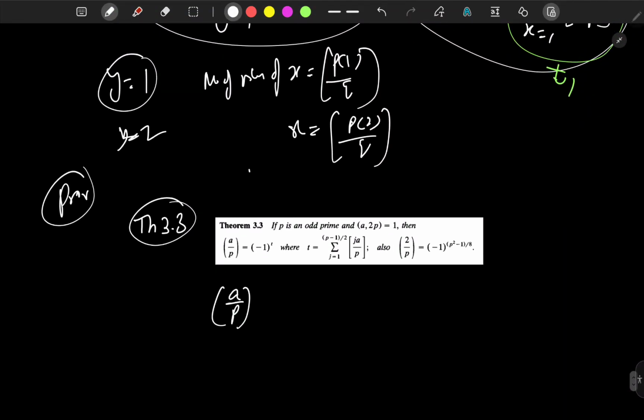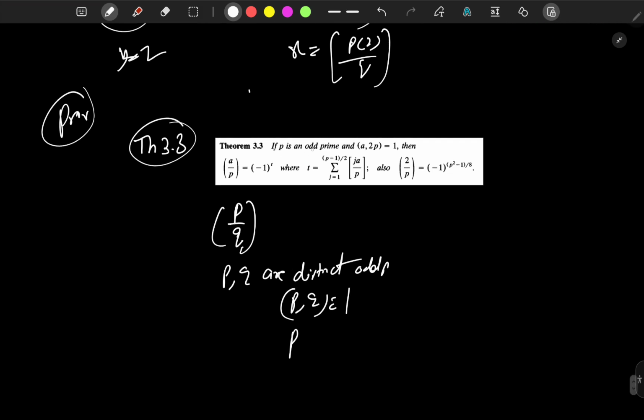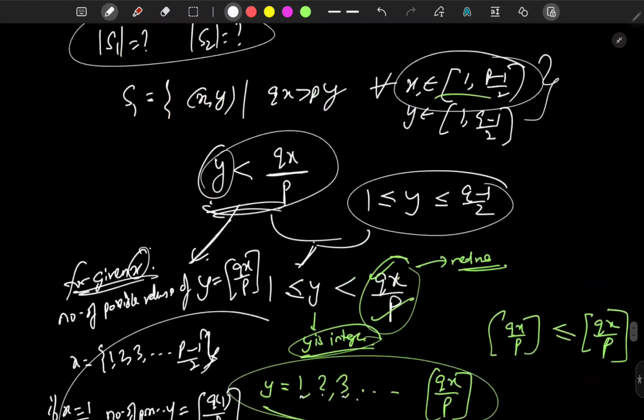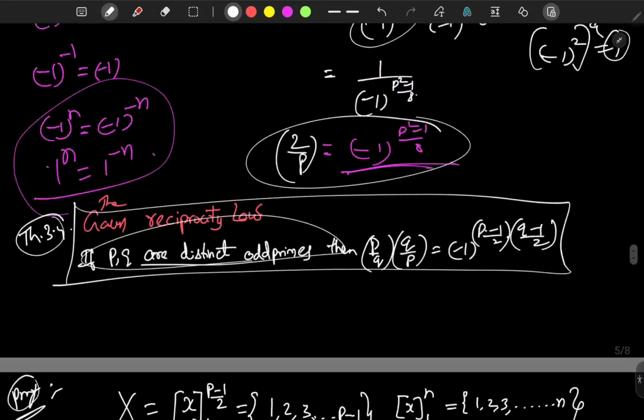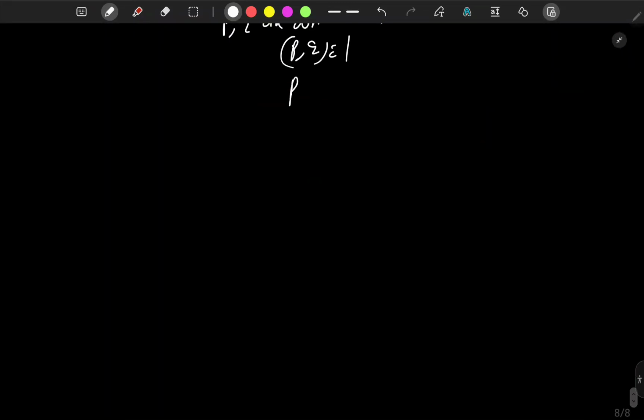So for a by p, that means for p by q, where p, q are distinct odd primes, that means gcd(p, q) equals 1, and of course we know that in this theorem we have to take only odd primes. So p is not equal to 2, q is not equal to 2. Okay, understood?